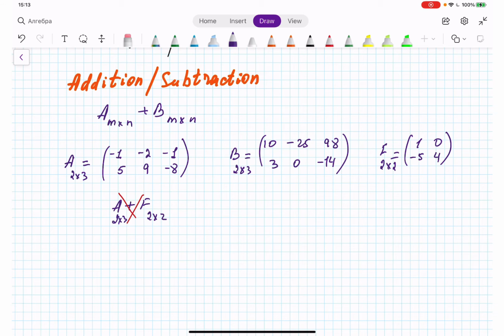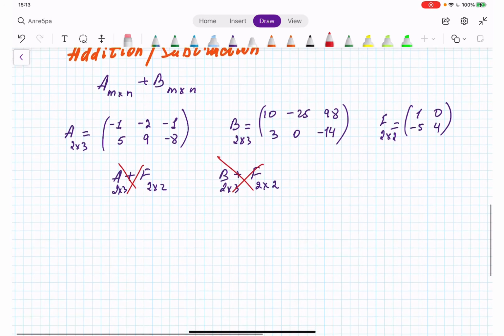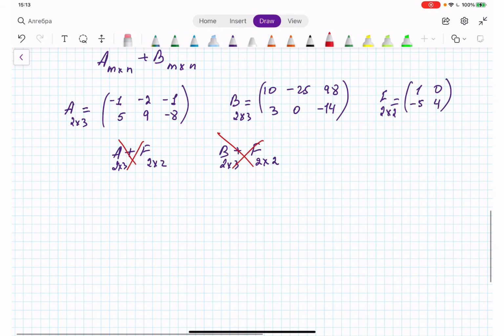The size is different. In the same way, B plus F, 2 times 3 and 2 times 2, also cannot happen because the size is different. But matrix sizes of A and B coincide, which means the matrices contain an equal number of rows and columns, so the addition operation is applicable to them.